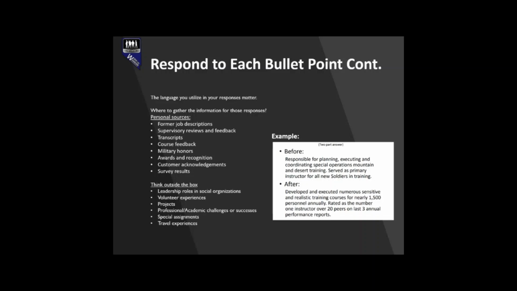Think a little bit outside the box. Look at volunteer experiences, projects, professional academic challenges or successes, special assignments, travel experiences with your organization. Make sure it's relevant to the position you're applying for and that is within the realm of that particular job that you're answering that for at that time.